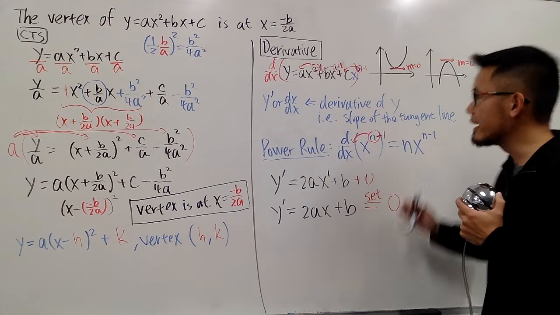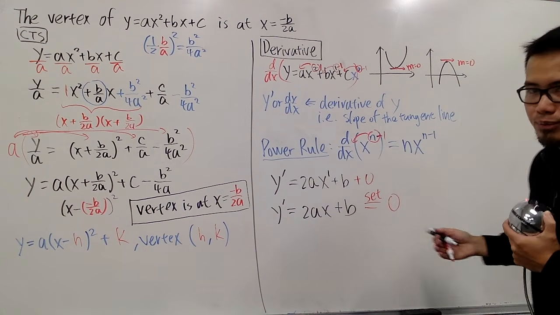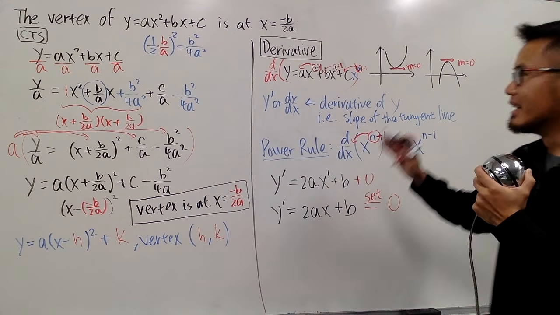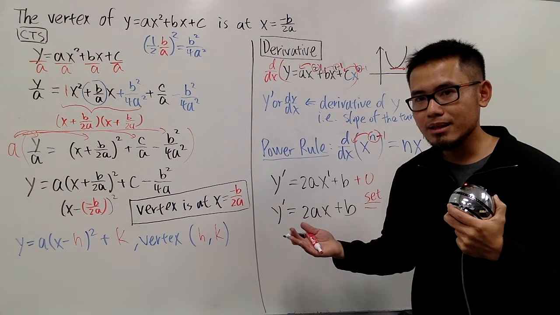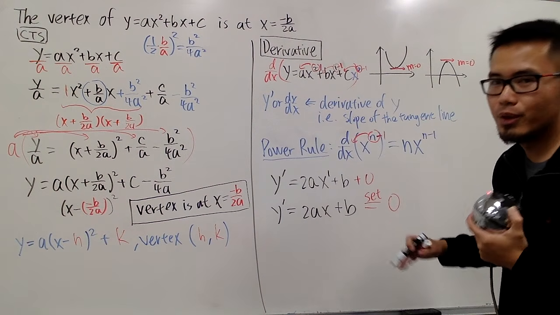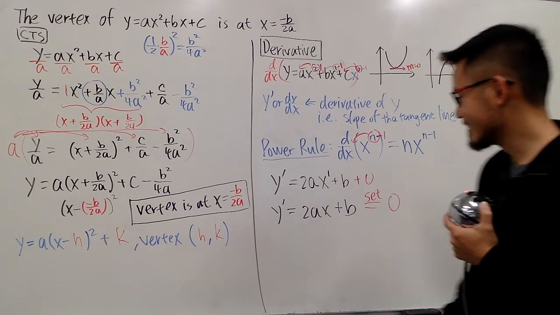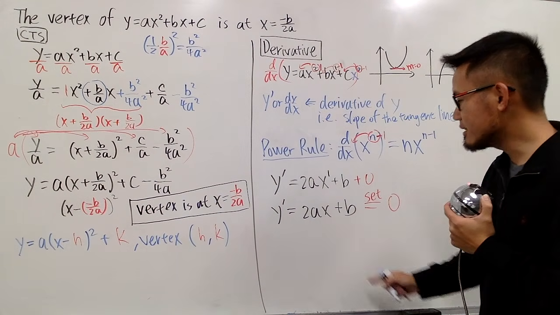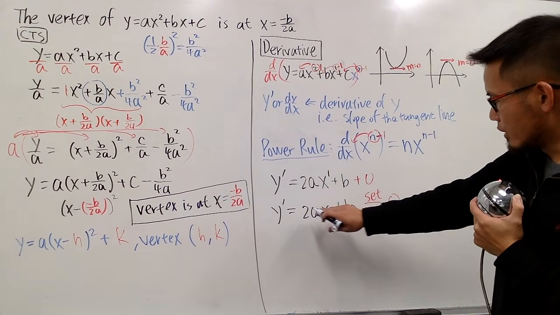This is how we find the minimum or the maximum. Of course, this is just for a parabola, but later on, you can use the derivative techniques to do other curves as well. So we are going to focus on this. Of course, we have the 2ax plus b.